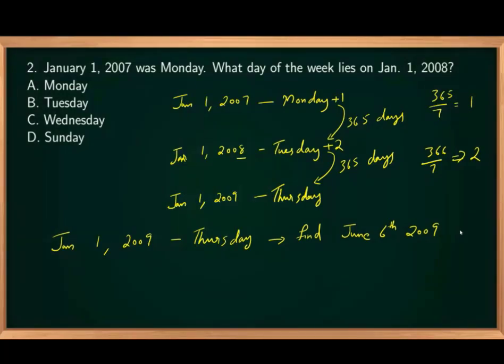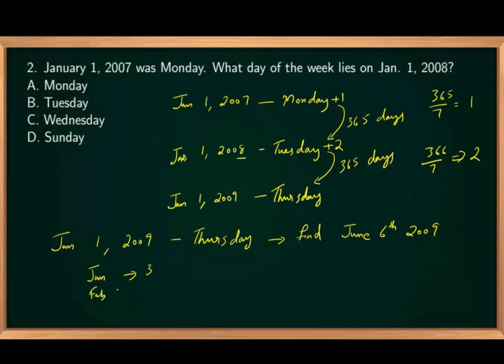Okay, let's find. January 1, 2009 is Thursday, and we have to find June 6, 2009, same year. So we have to find the number of odd days between January 1 and June 6th. For January month, number of odd days will be 31 divided by 7, 3 days.